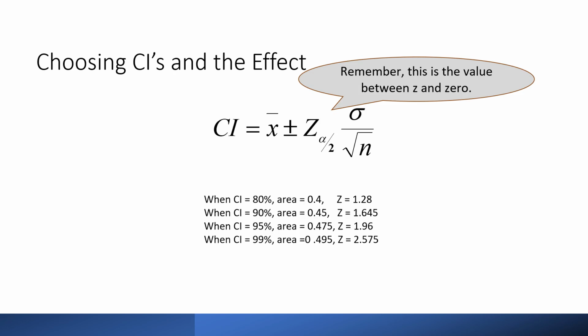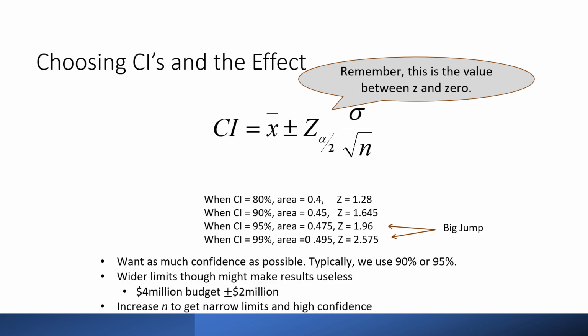And so when your confidence interval is 80%, you're looking at an area of 0.4, so you're using a z-value of 1.28. When your confidence interval is 90%, your area is 0.45 with a z of 1.645. But what I really want you to notice is when we go from a confidence interval of 95% to 99%, we have a huge jump in our z-values.